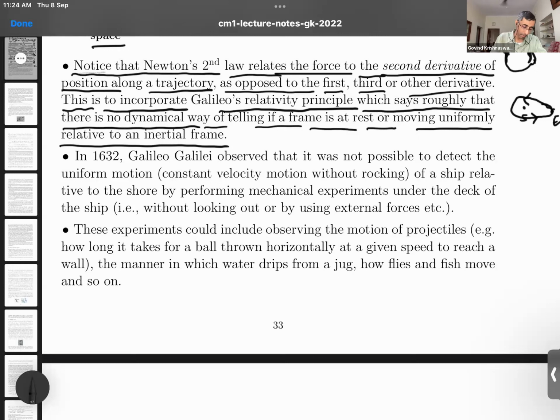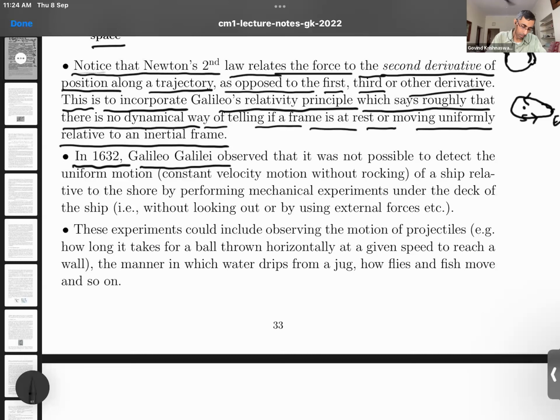So just a moment. In 1632, that is nearly 50 years before Newton's book was published, Galilei, by the way, from which country is Galileo? Italian. Indeed, yeah. So perhaps the name gives it away to many of you.